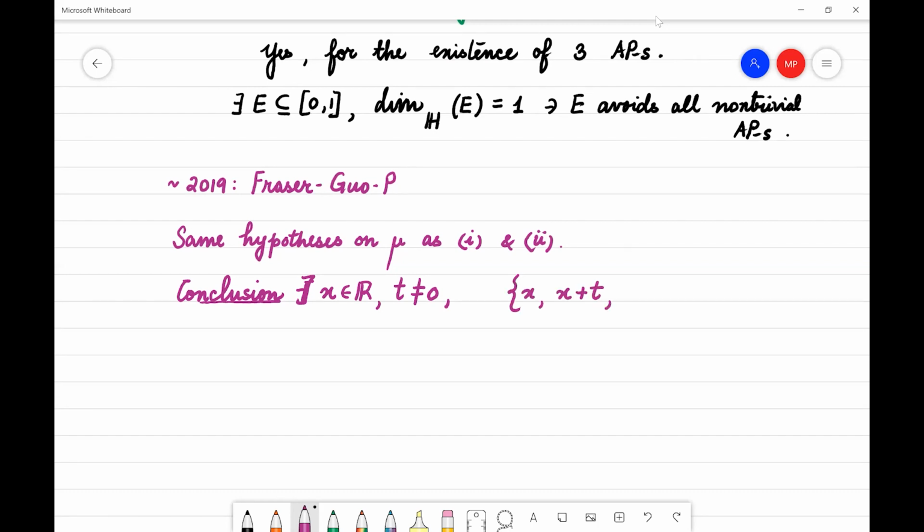So what is capital P? Capital P from R to R is a polynomial of degree d greater than or equal to 2, and for normalization purposes, P(0) is 0.